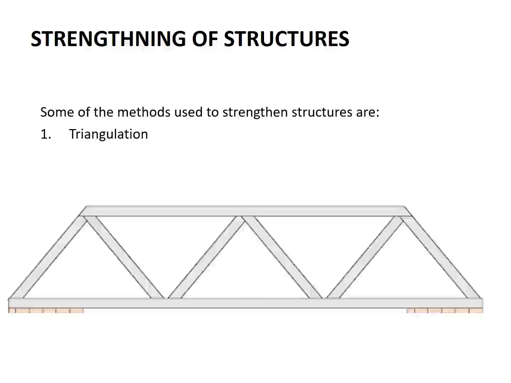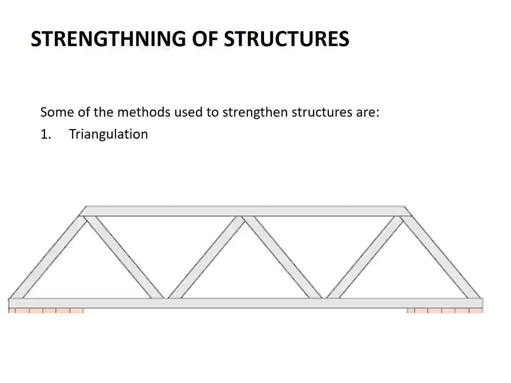If you look at this kind of bridge, this is a bridge called the truss bridge, and it's made of triangles. These triangles are not there for decorating. These pieces of metal that are made into triangles are not just used for decoration, but they are used to ensure that the stress is distributed evenly throughout the whole bridge.